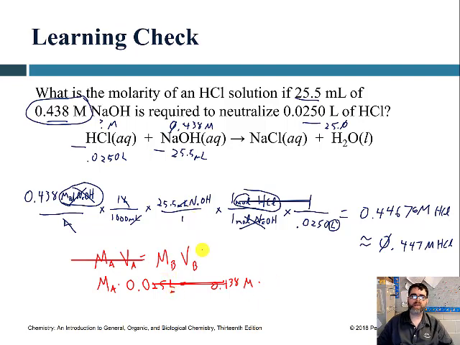So I'm going to have to do this convert to liters step. That's divide by 1,000 or move the decimal over 3, so 0.0255 liters. And now I'm going to divide both sides by the 0.025 liters. These are going to cancel out.